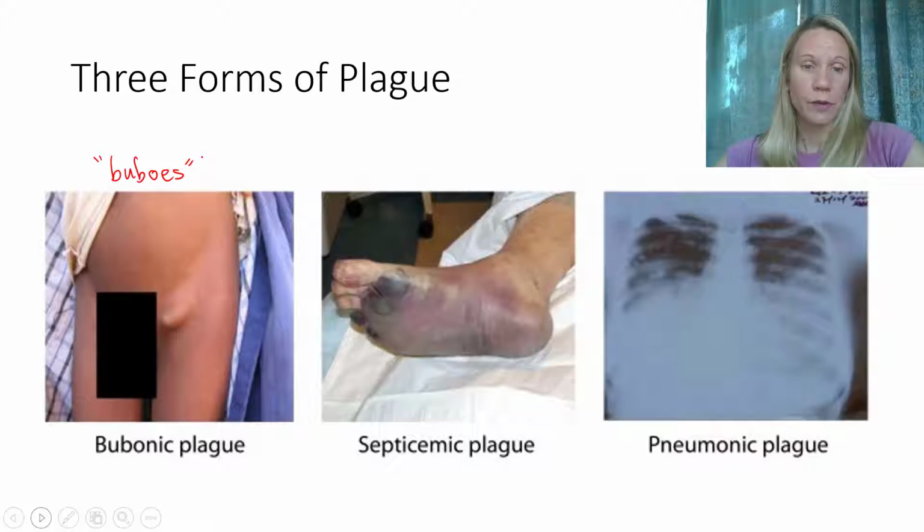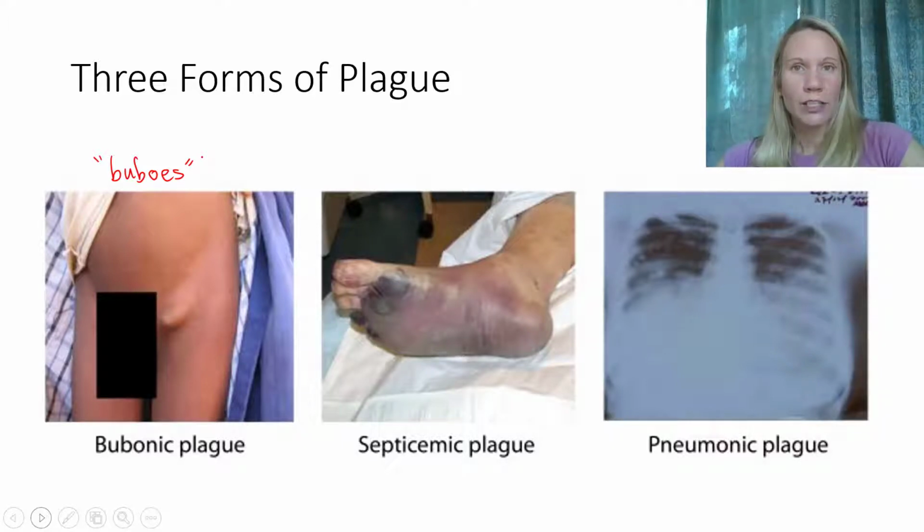Septicemic plague would be a second stage, so the bubonic plague progresses. What happens is that eventually lots of Yersinia bacteria rupture out of those macrophages. And of course, that's causing a lot of inflammation at the lymph node location, but also a lot of Yersinia bacteria gets into the blood.